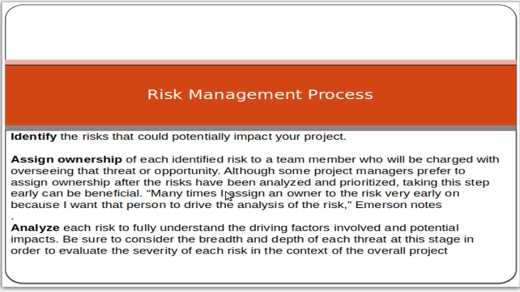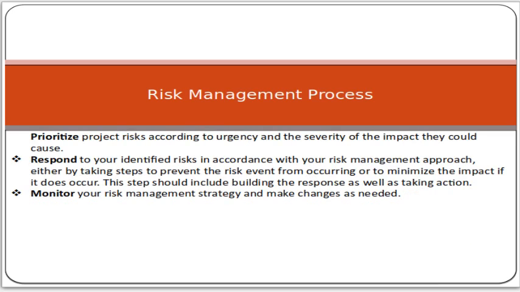For a few risks, the likelihood is very high, but the severity level is very low. So you should analyze the severity level as well, that is, if it happens, what the severity impact on the project will be. Then prioritize with respect to likelihood or probability and impact or severity level. You should prioritize the risks accordingly.